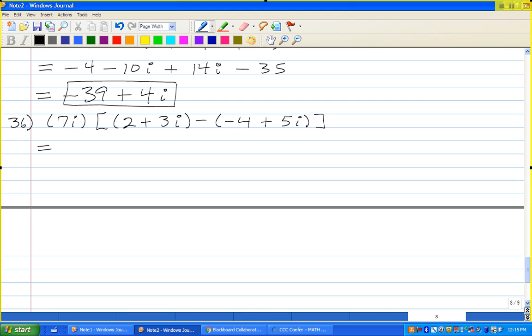So if I do that, I get 7i times 2 plus 3i. Now I have a minus out in front, and so let me change the signs inside the parentheses. So the negative 4 becomes a positive 4. And the positive 5i becomes a negative 5i. Now let me combine like terms.